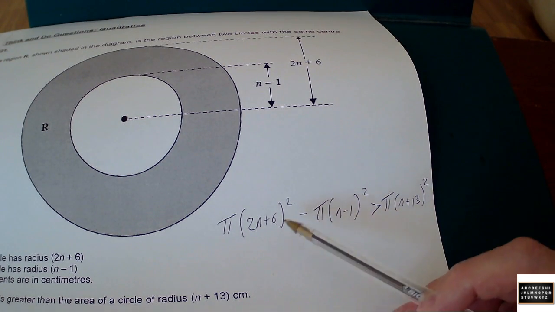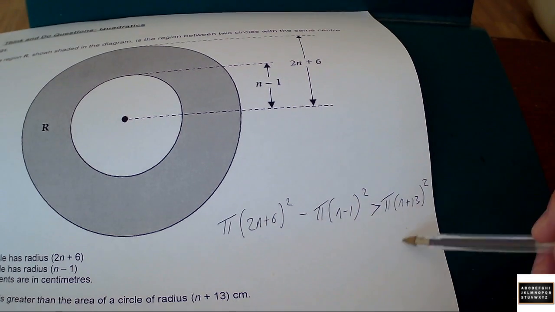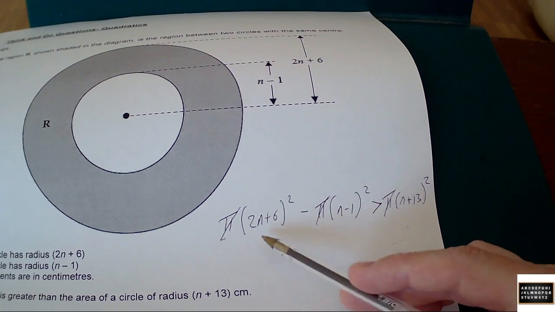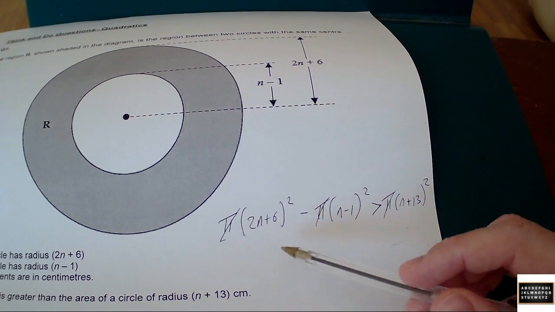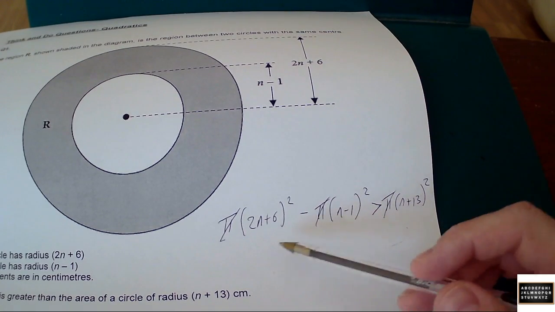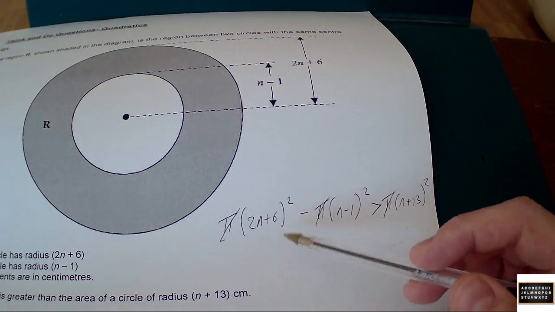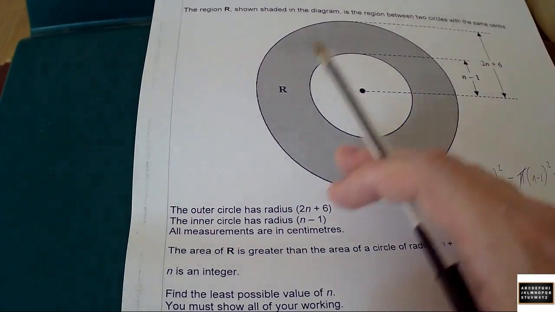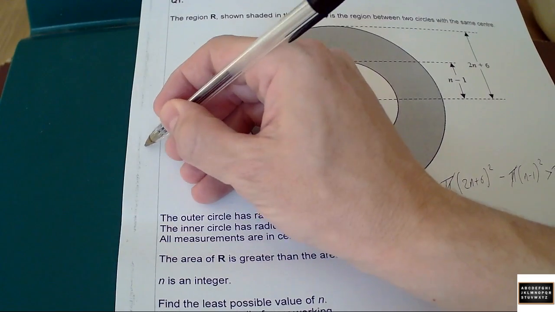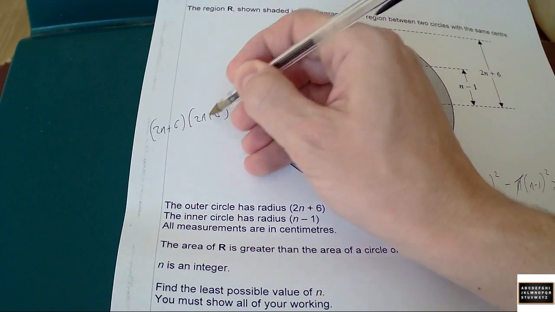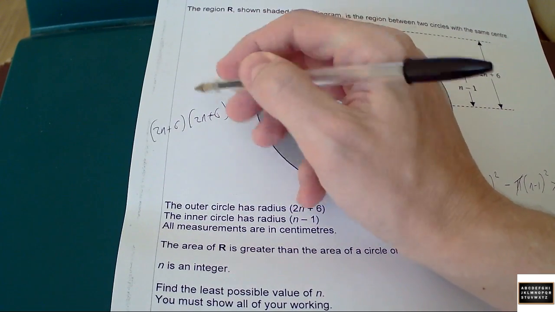So how do we simplify this? Well, you've got pi's everywhere, so we can certainly divide through by pi, and then we've got a bunch of brackets that we need to multiply out, which will create some quadratics for us. We've got 2n plus 6 all squared. If you're not very good at multiplying out brackets, you can get more used to writing brackets as pairs like this, and then multiplying them out.